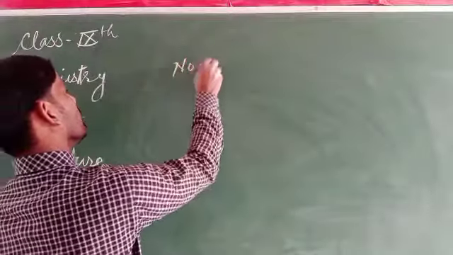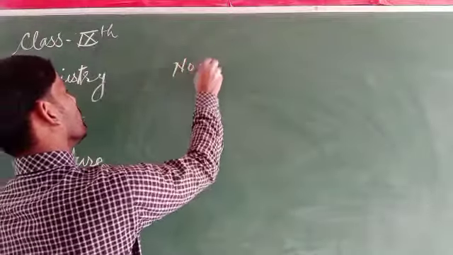Hence they have the same atomic number. But in another element or another atom, there is no same number of protons. So two different types of atoms have different atomic numbers.